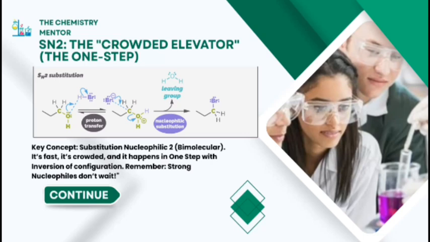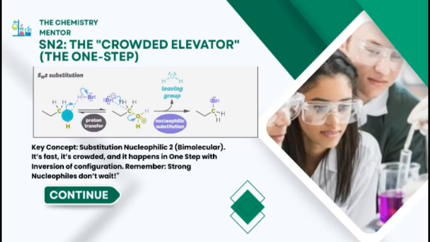Let's look at a classic example, the reaction of an alcohol with hydrogen bromide. As you can see, the hydroxyl group, that is OH, is protonated by HBr to become a better leaving group, that will be water. How?